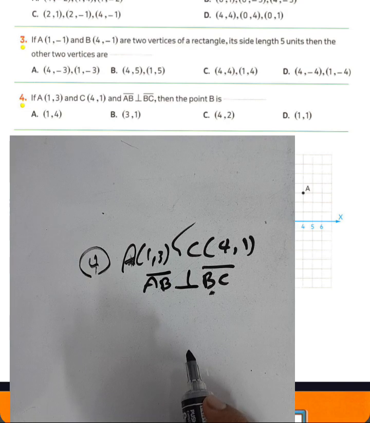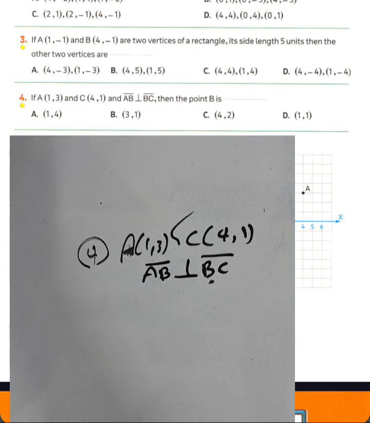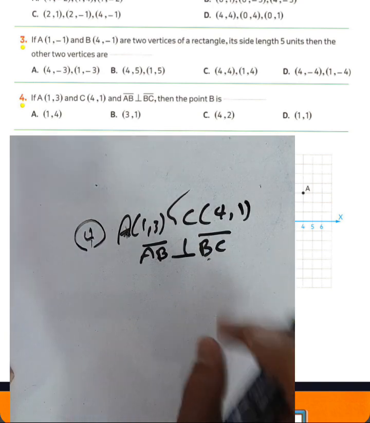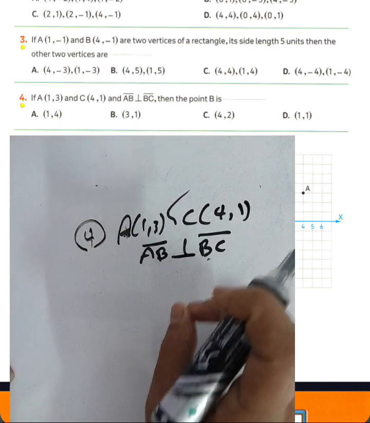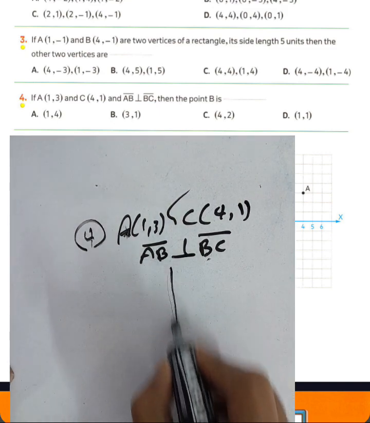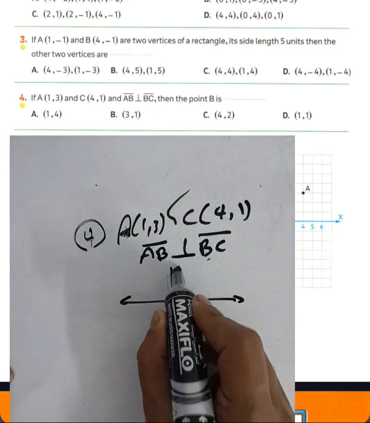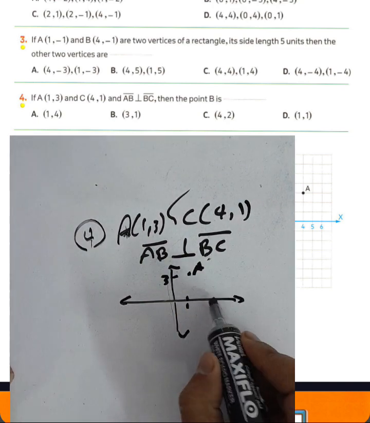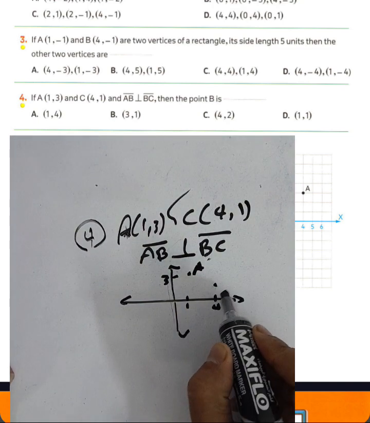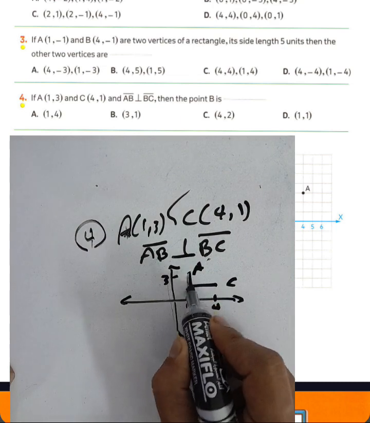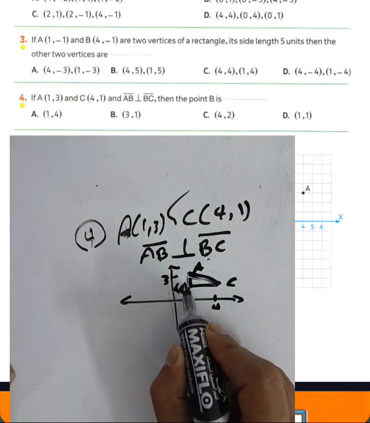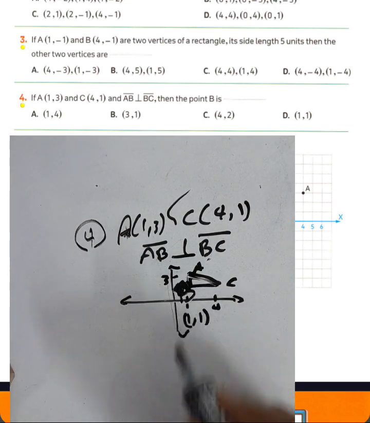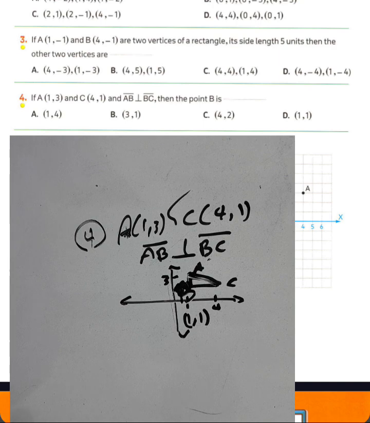Then when you draw this triangle, you must know B is the right angle, because AB is perpendicular to BC. Here again, the first point is (1, 3), point A, and (4, 1) here, point C. Then the point B will be here, (1, 1). Okay, point B is (1, 1).